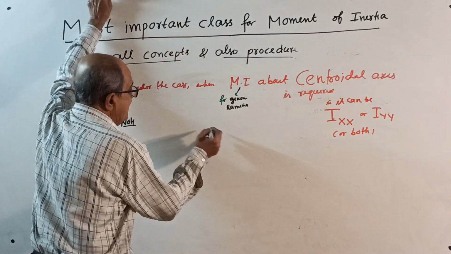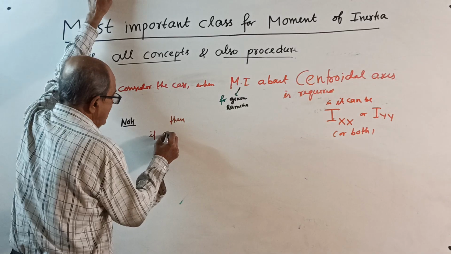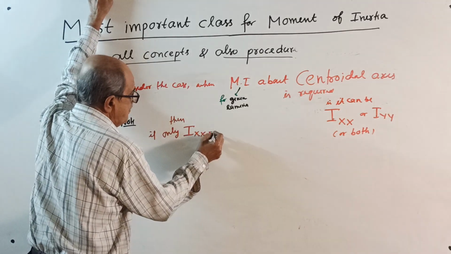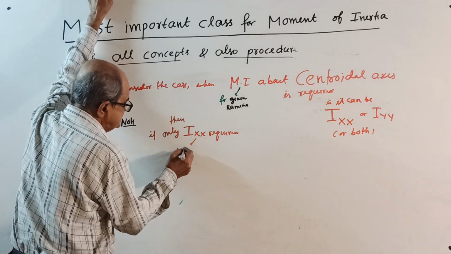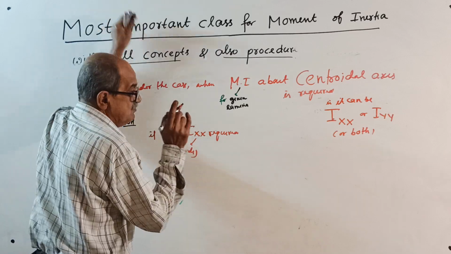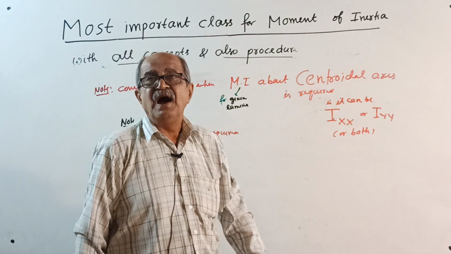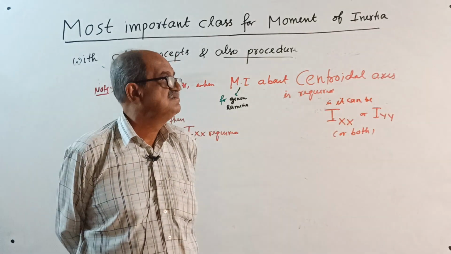Now, if only IXX is required, in words it is the moment of inertia about the horizontal centroidal axis.